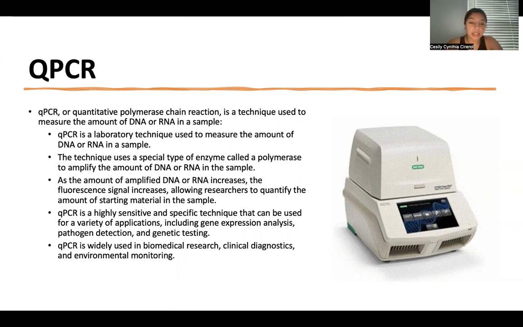So this technique uses a special type of enzyme, which is polymerase, to amplify the amount of DNA or RNA in the sample. And the polymerase enzyme creates copies of the DNA or RNA, and in my case, it's DNA, by adding new nucleotides to a template strand. And the qPCR uses these fluorescent dyes.